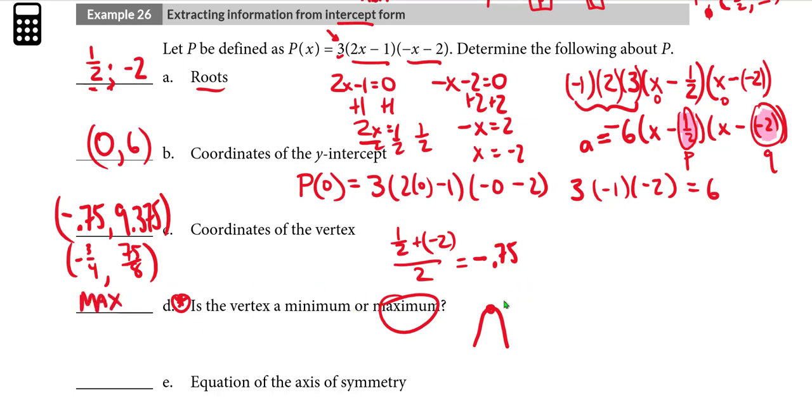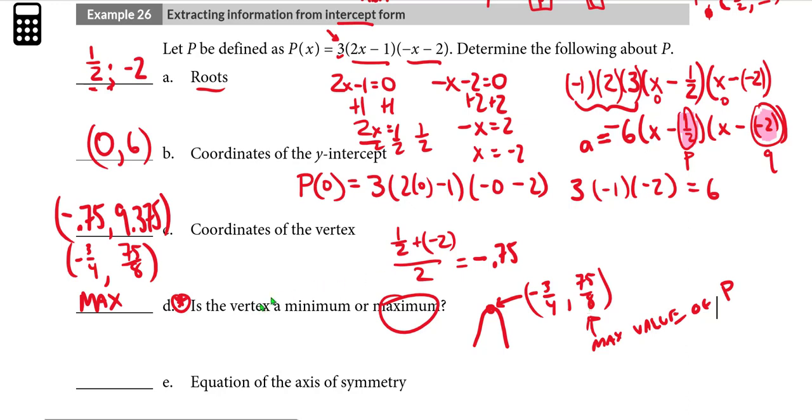So that point right there at the very top of the parabola, the vertex, has the coordinates -3/4 comma 75/8, and we would also say that 75/8 is the maximum value of the p function. Remember that the p function and the y coordinate are synonymous. 75/8 is the maximum value of p.